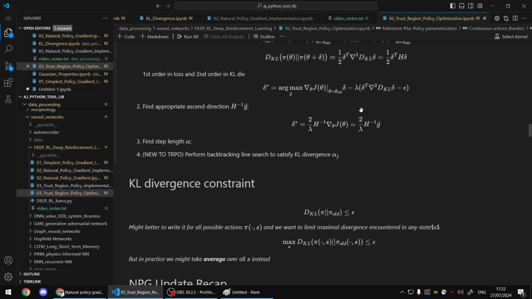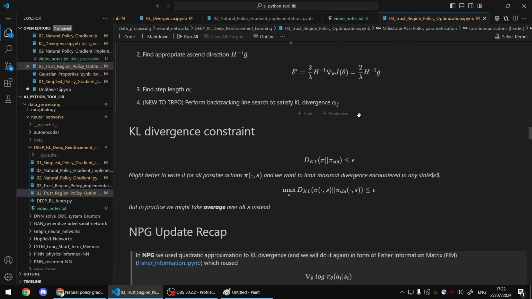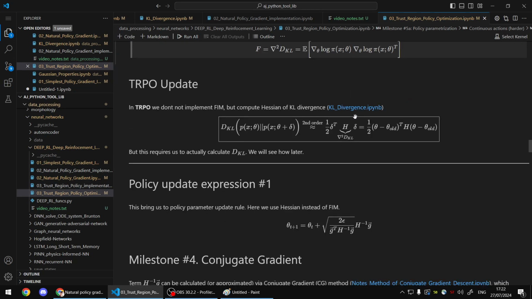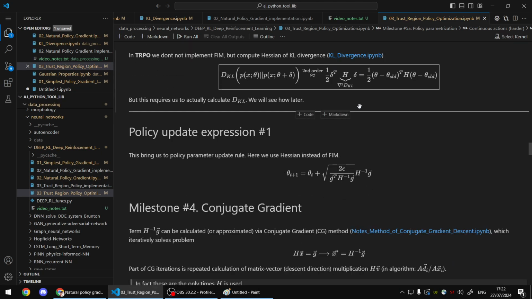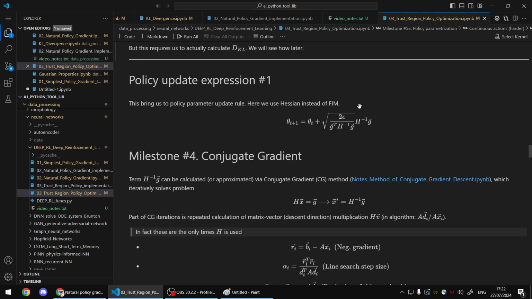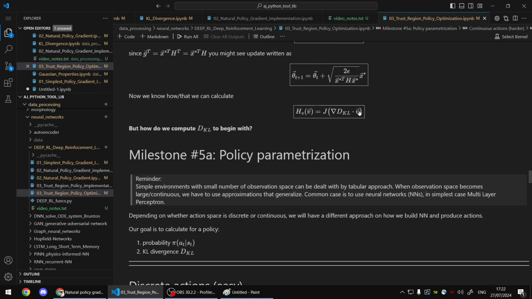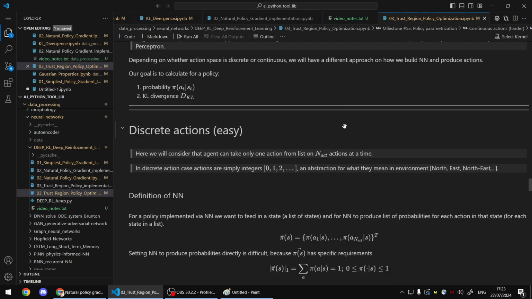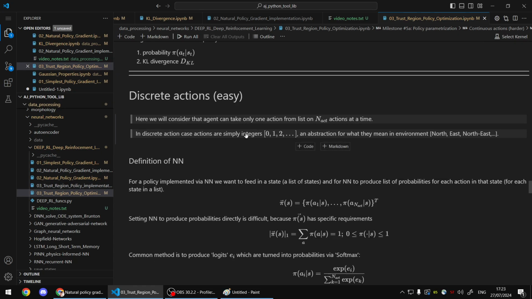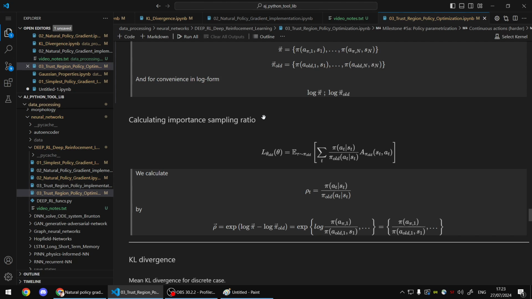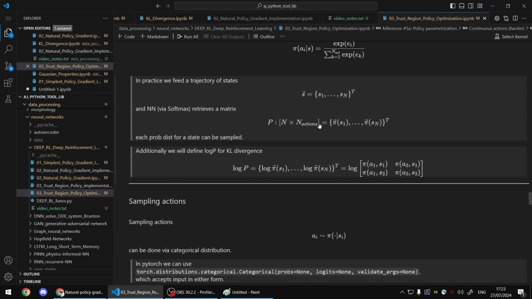But that implies that we have to calculate KL divergence, and that means that we have to know how to calculate it, and at best we have to have a parameterized policy. In many applications, they say, okay, discrete cases are easy, I don't even want to talk about them. But in the case of continuous actions, they propose to use a normal multivariate diagonal distribution.